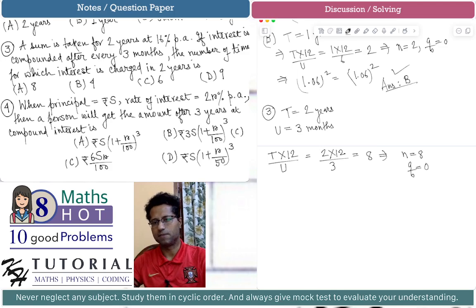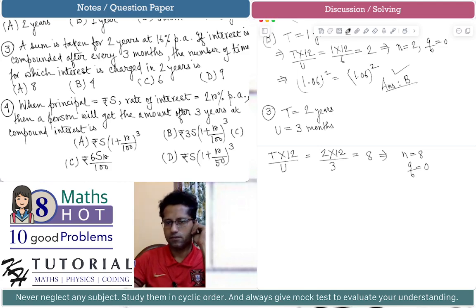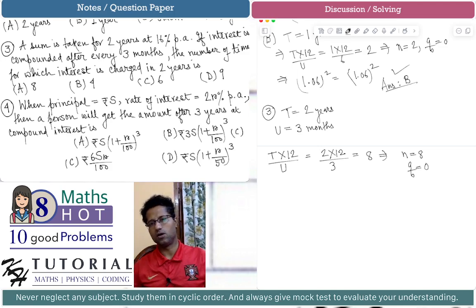So this means that there are 8 complete units of time in the span of 2 years, which in another way we can say is that we have to calculate the interest 8 times, because we know that in compound interest we calculate the interest n number of times, where n is the number of complete units of time occurring in the span of the given time, that is t.